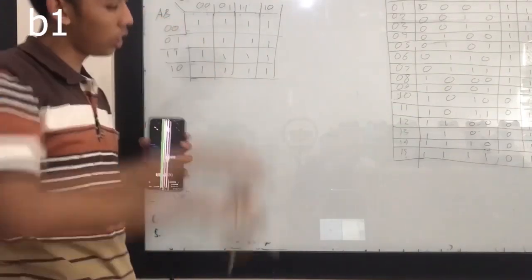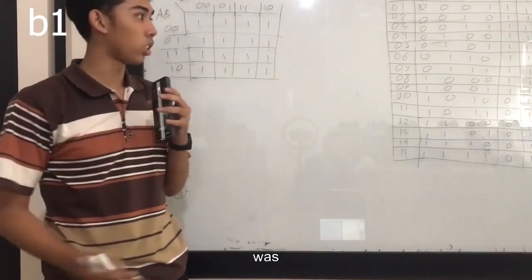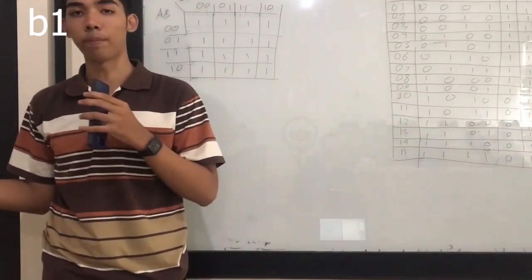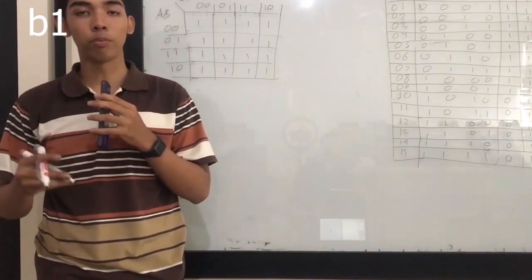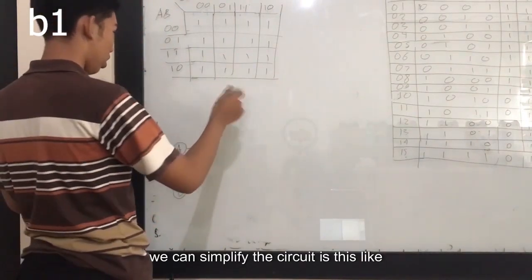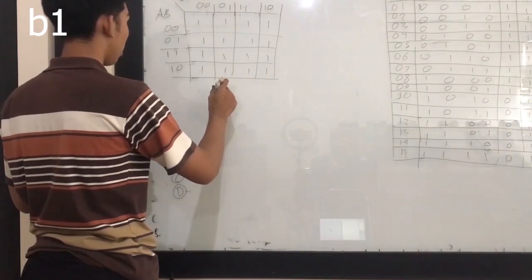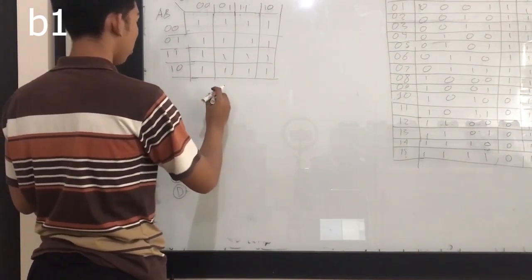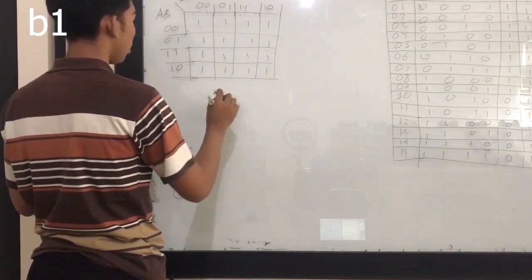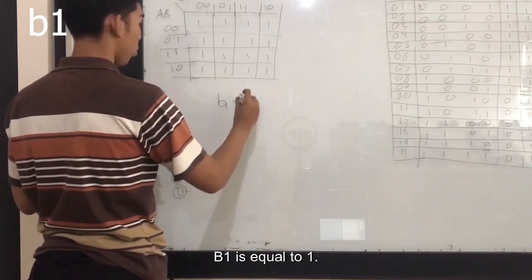Okay, so in the truth table, B1 was all 1 for every 4-bit input. So we can simplify the expression like this: B1 is equal to 1.